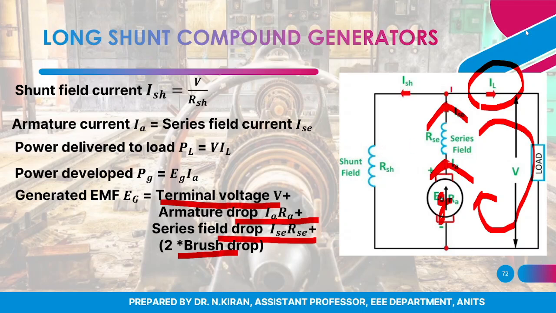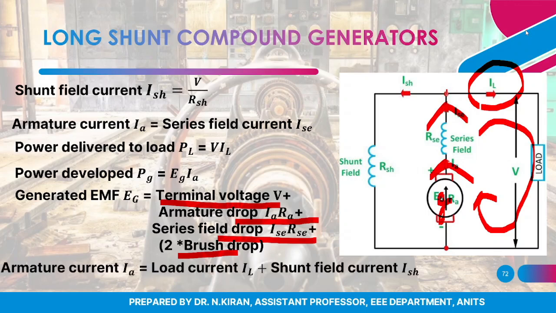If I apply KCL at that node, the entering current is IA or ISC, and the leaving currents are ISH and IL. So IA will be equal to IL plus ISH, or I can also write ISC is equal to IL plus ISH.